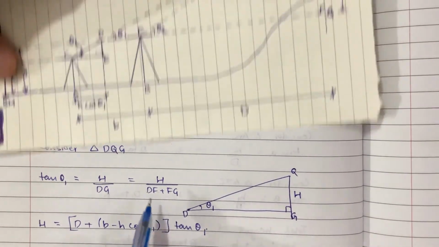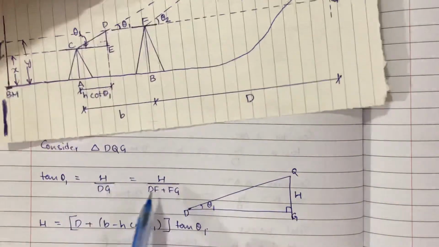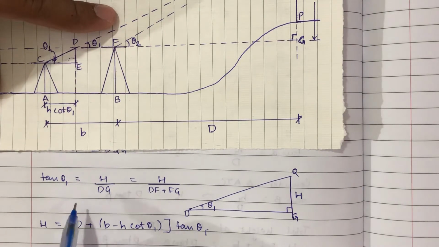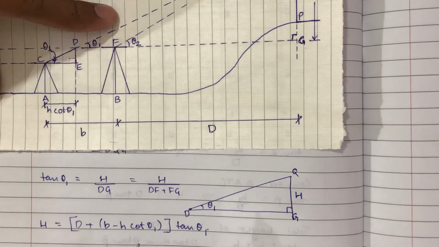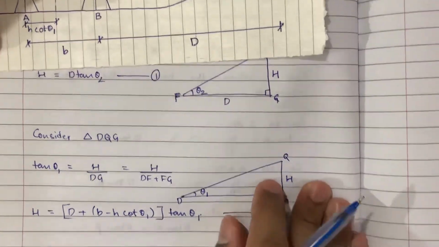Because DF is equal to b minus h cot theta 1 and FG is equal to d. So h is equal to d plus b minus h cot theta 1 times tan theta 1. Let this be equation number 2.